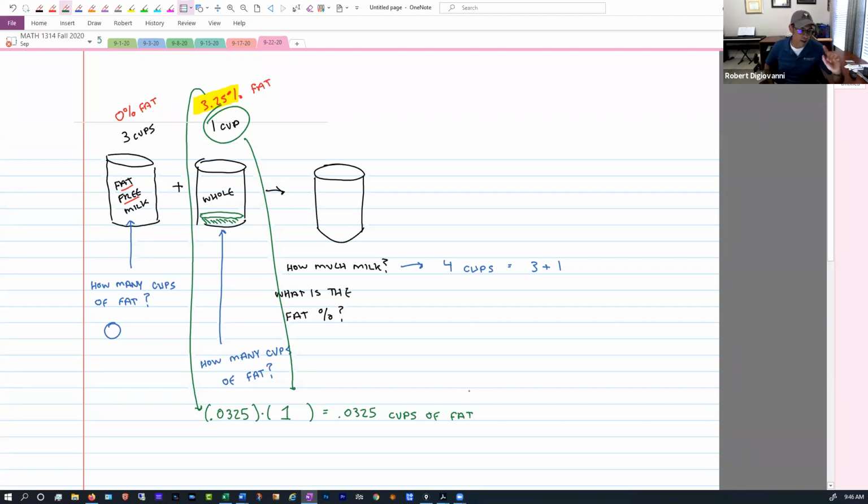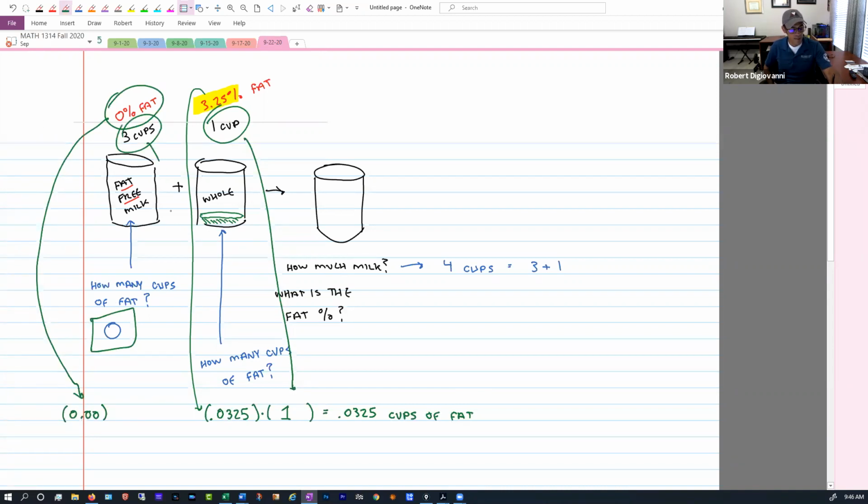Now, on the first one, didn't we say there was 0 cups of fat? We could have got the same answer doing the same exact operation. Take the percent fat, which is 0%. 0% as a decimal is still 0. Multiply it times the 3 cups, and we'd still get 0, right? 0 times anything is still 0.